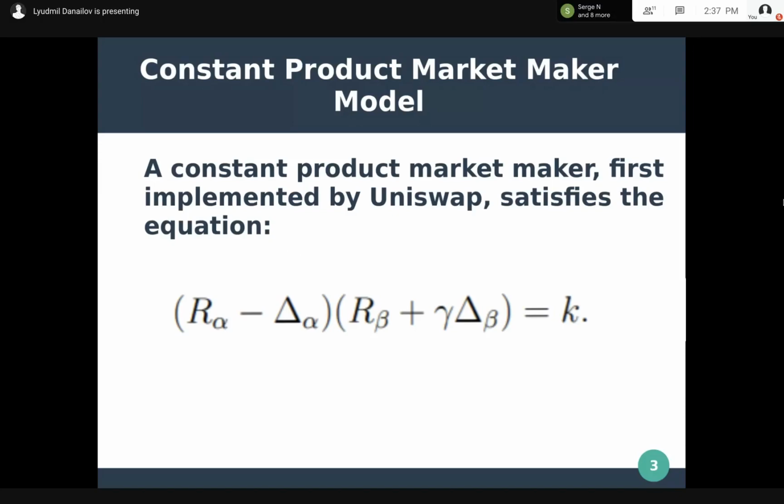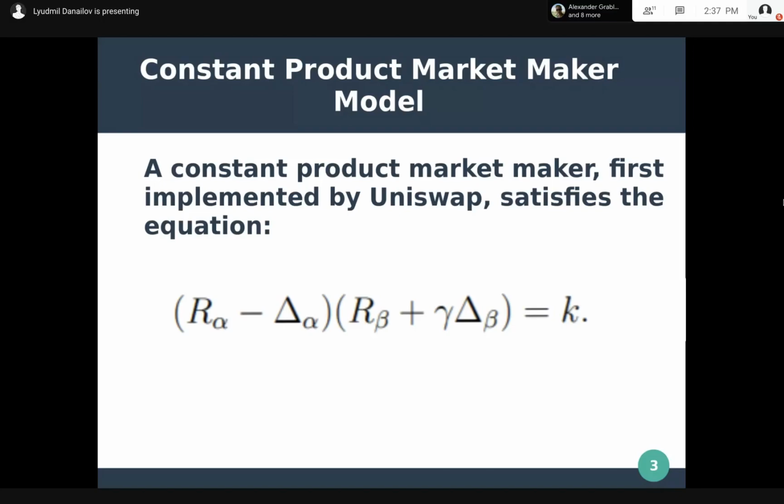This is often simplified in the form x times y equals k, where x and y are the reserves of each of the assets. In practice, because Uniswap charges a 0.3% trading fee that is added to reserves, each trade actually increases k, so it's not fully a constant.